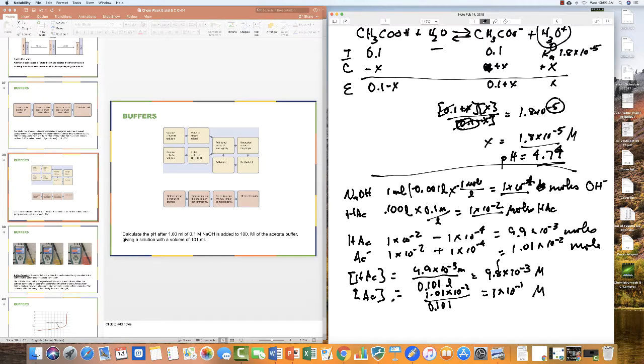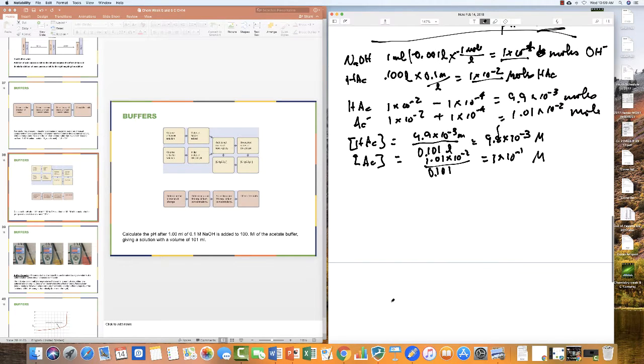So we take these numbers, which are our new concentrations for these two things, and we put them back in our original Ka equation.